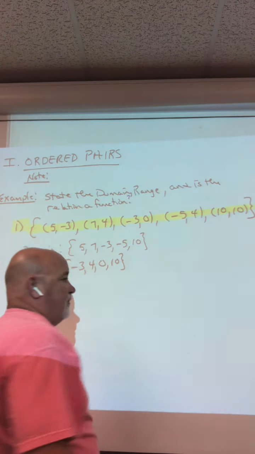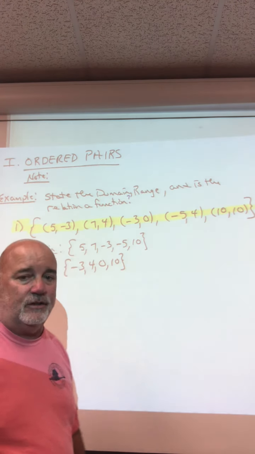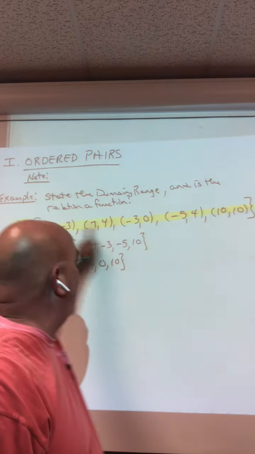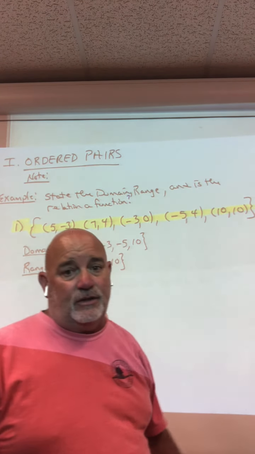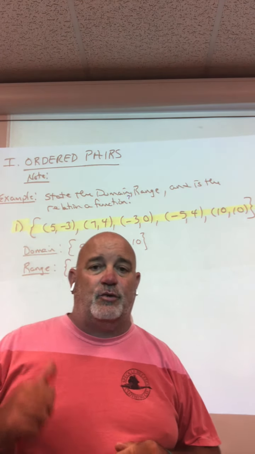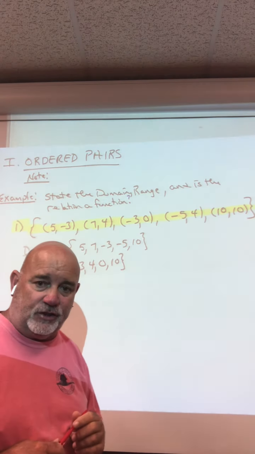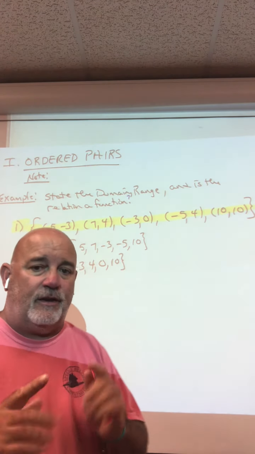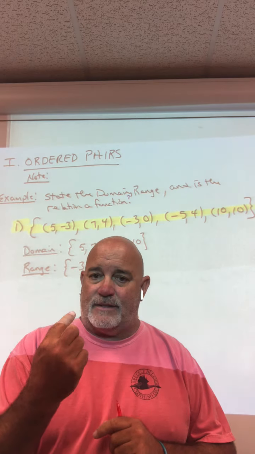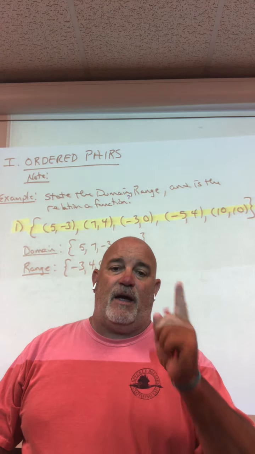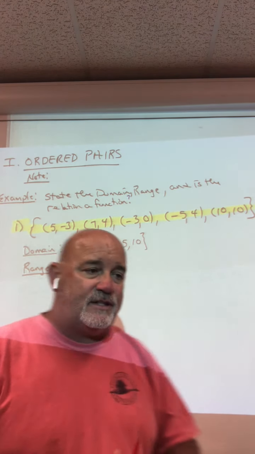And then 10. Now the next question is this relation, because it is a relation, it's a group of points, is this relation a function? Now what is a function? Every x, every first number is paired with exactly one second number.